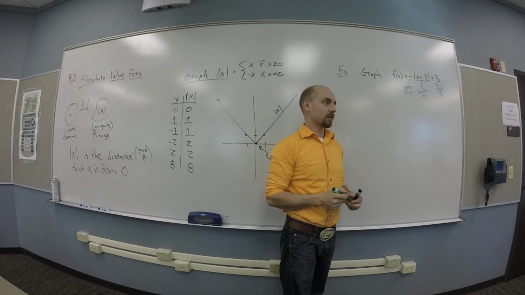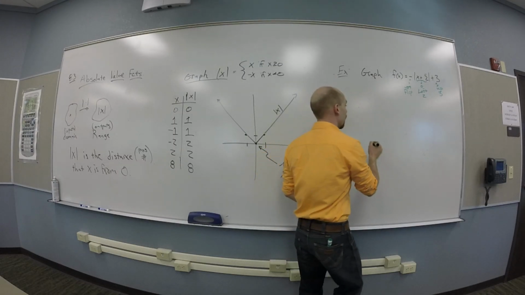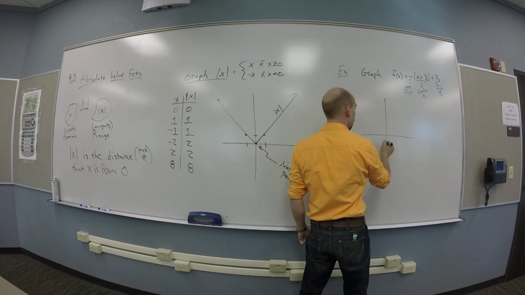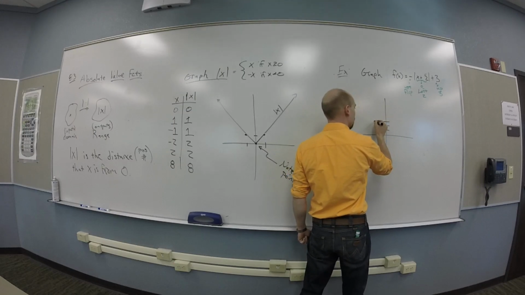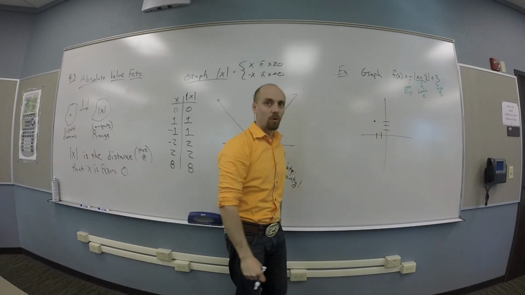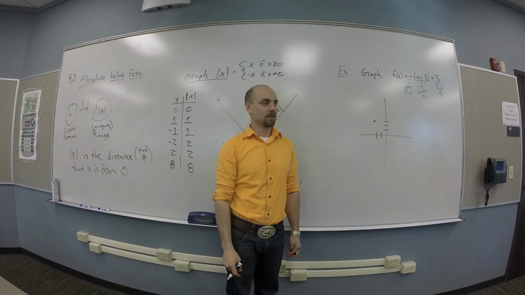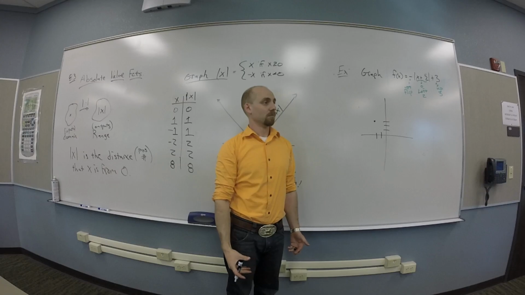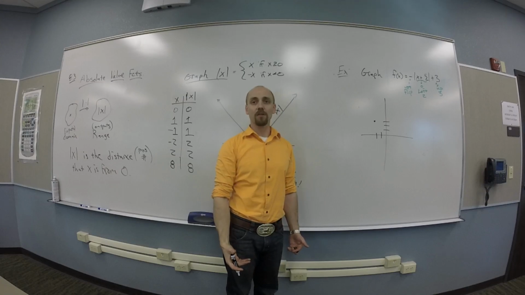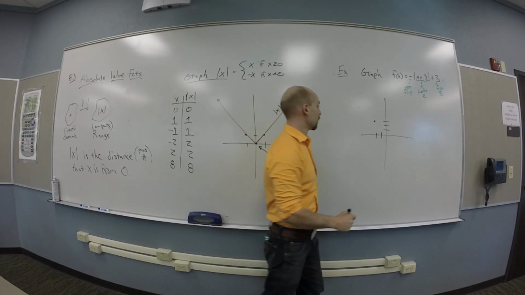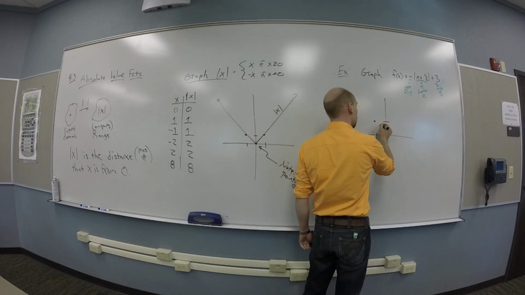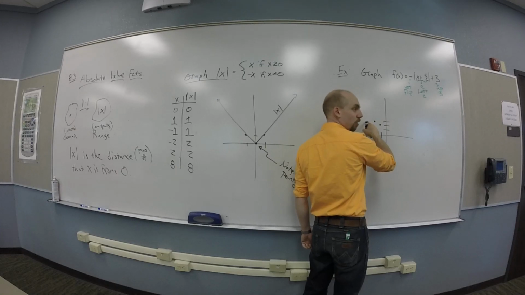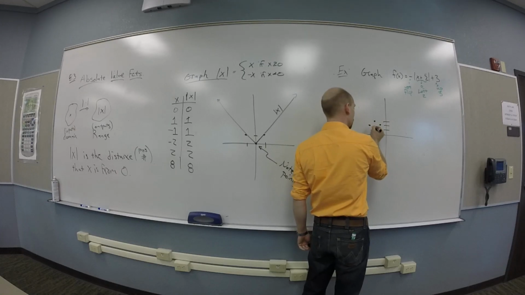So what am I looking at? I should be looking at go back 2, up 3, and then what? Upside down V, right? So when I go over 1, I should go down 1, and when I go back 1, I should go down 1.